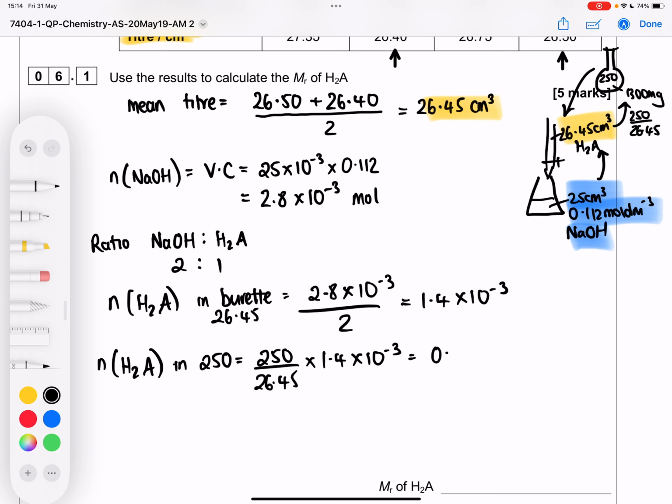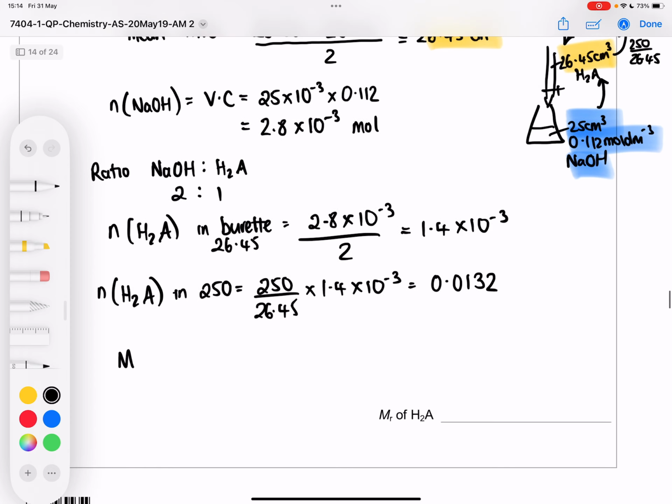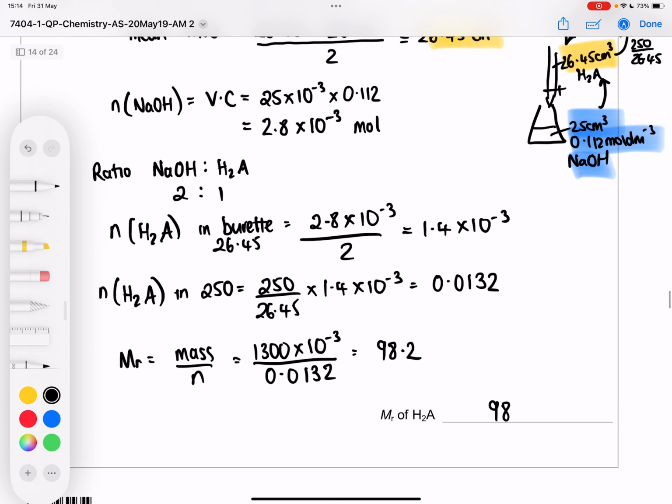We're going to get 0.0132. And then Mr is mass over moles. And our mass was in milligrams. If we type that into our calculator, we get 98.2 as our Mr of A.